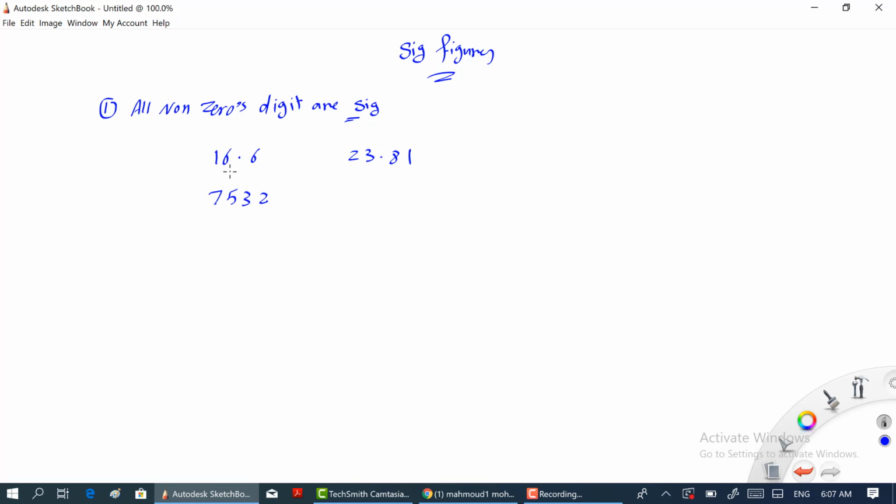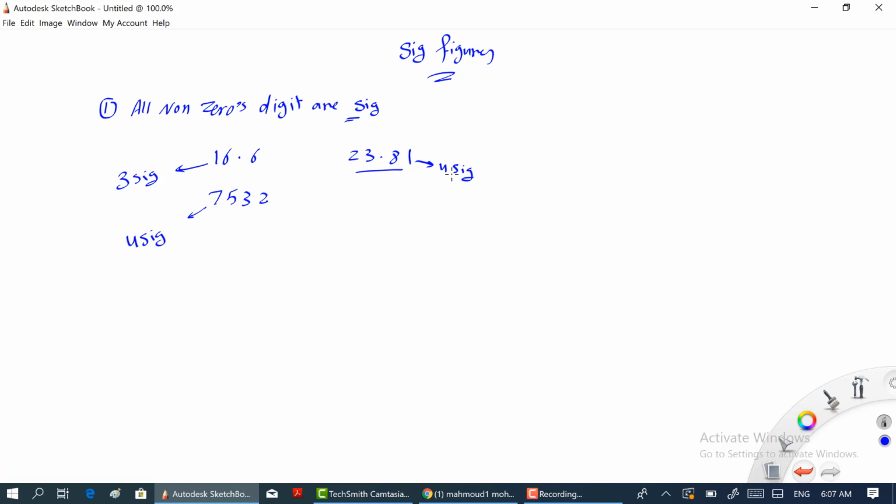According to this, the first has 3 significant figures, the second has 4 significant figures, and the third also has 4 significant figures.